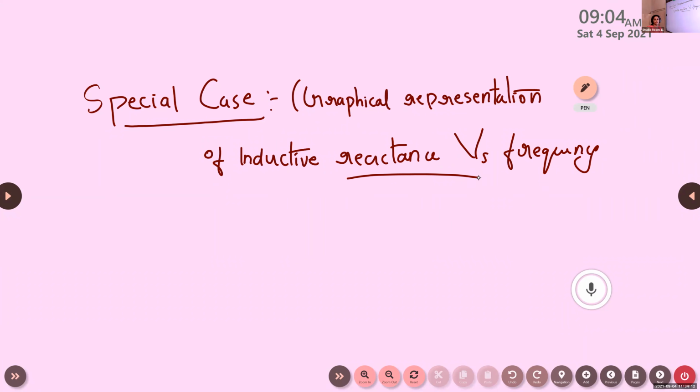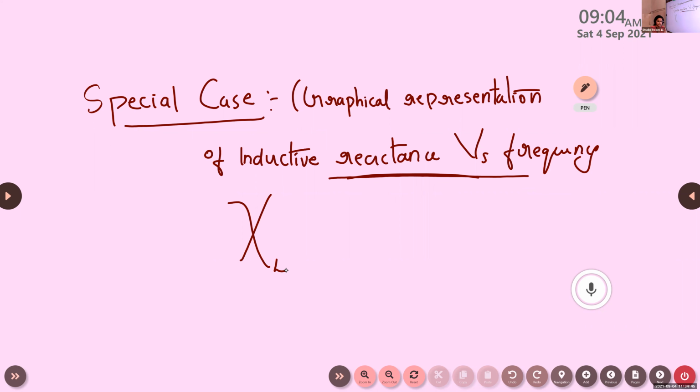Inductive reactance and frequency. Which letter do we use to represent the inductive reactance? What is inductive reactance? L is inductance. Inductive reactance is chi L.